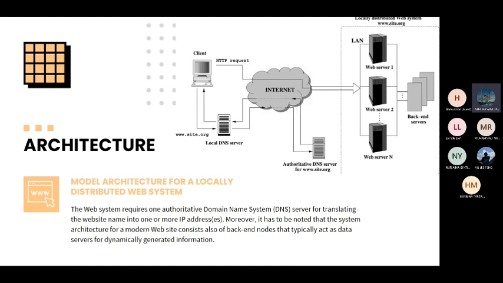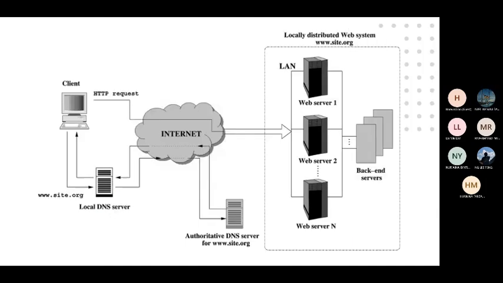Both WAMP and XAMPP use the same architecture. For a locally distributed web system, the web system requires one authoritative DNS server for translating the website name into one or more IP addresses. So this is the bigger picture of the architecture. Each web server can access all the site information independently of the degree of content replication.